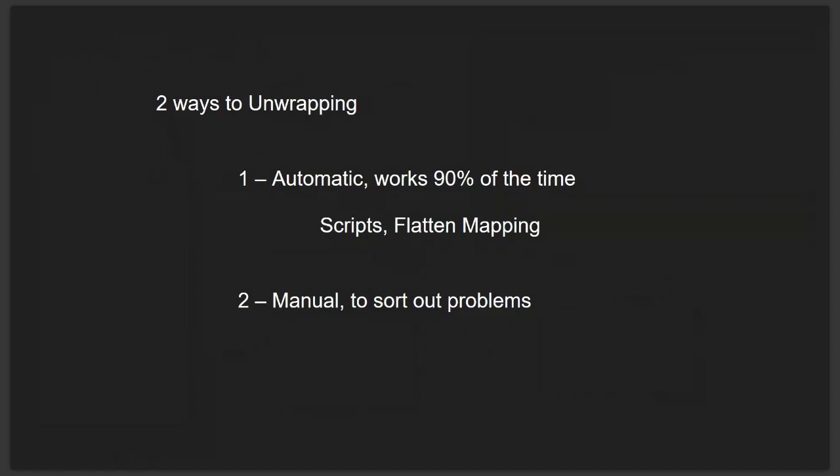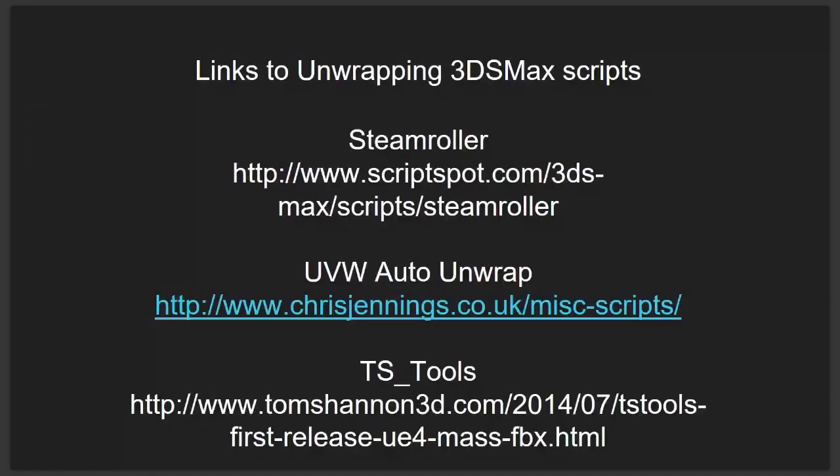So the links to the scripts I was talking about, I think Chris may have put them in the chat. We've got Steamroller, which is going to apply a UV unwrap on your entire scene, and that works very well. The one that I use is this little one by Chris Jennings, Auto Unwrap, and it's very, very simple.